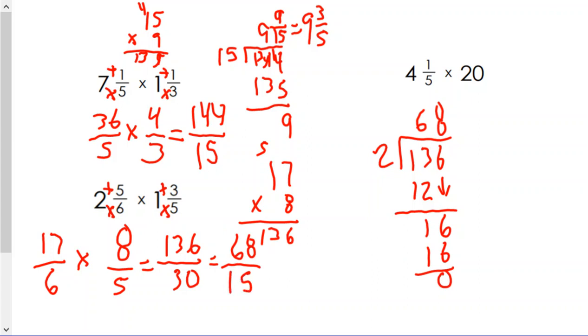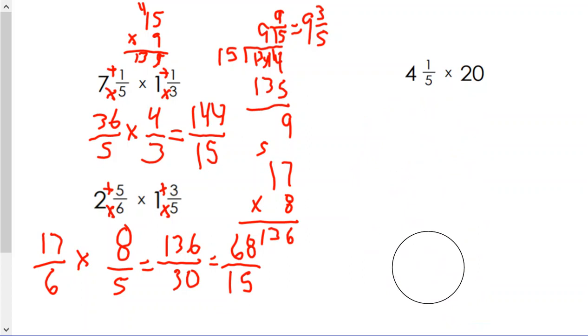Okay, and then we have an even and odd number, so that's going to be as small as we can reduce it, and then we can turn it into a mixed number. So we'll divide 68 by 15. 15 goes into 60, 15, 30, 45, 60, so 4 times.